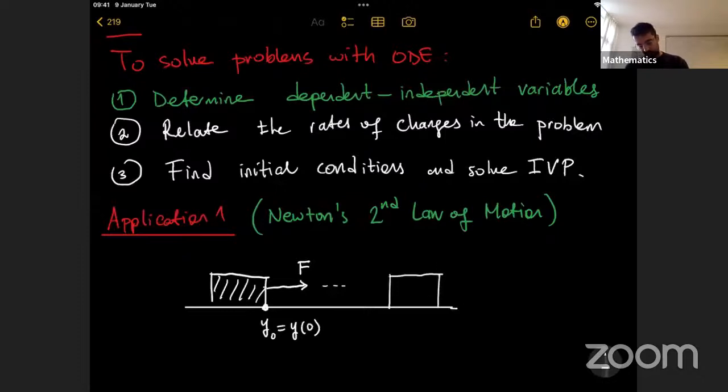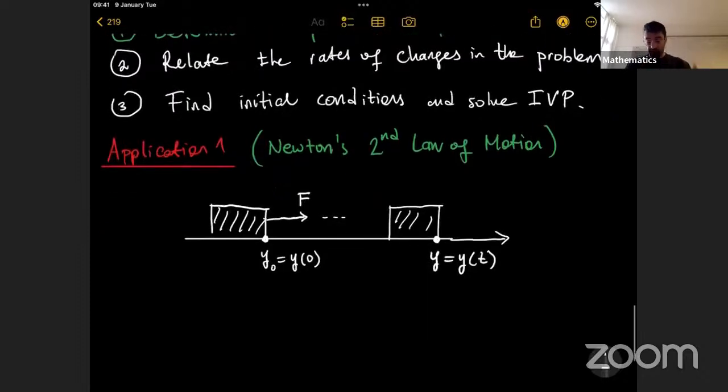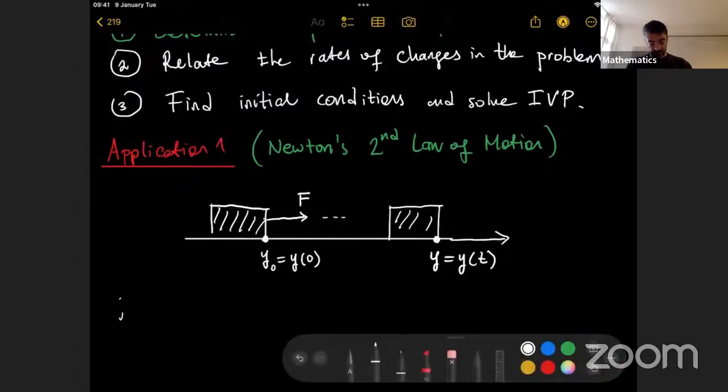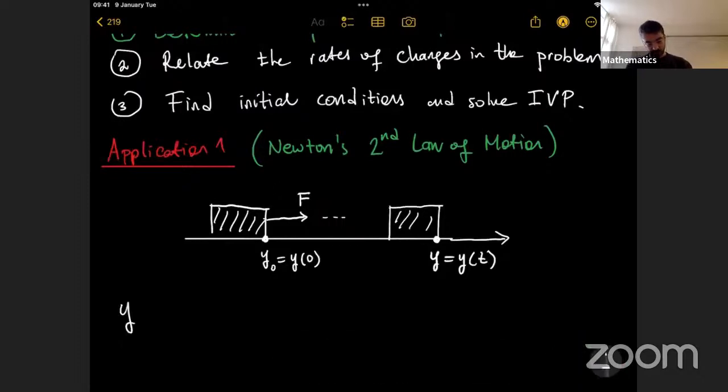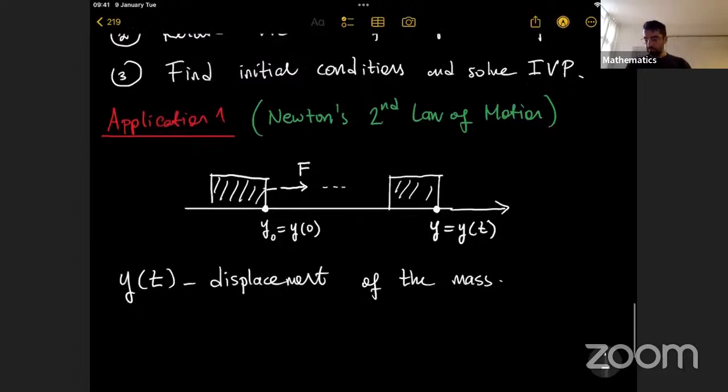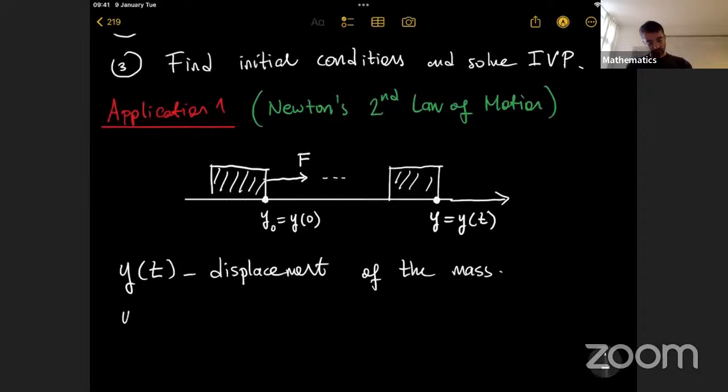So this position is now y is equal to y of t. This is the position of the object at time t, y of t, the displacement of the mass. So its derivative, y prime of t, gives what?